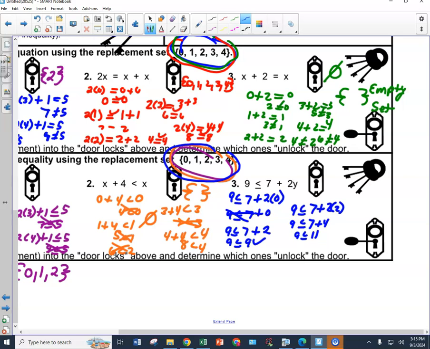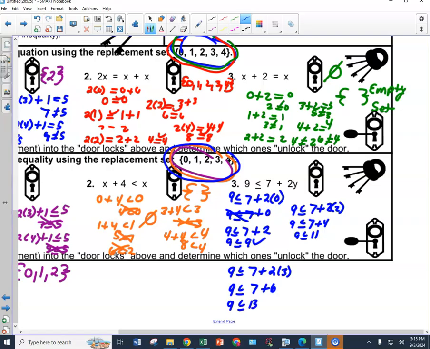I'm going to go down here below. So I'm going to put in 9 smaller than or equal to 7 plus 2 times 3. And so we get 9 is smaller than or equal to 7 plus 6, which is 13. So 9 is less than or equal to 13. That works.